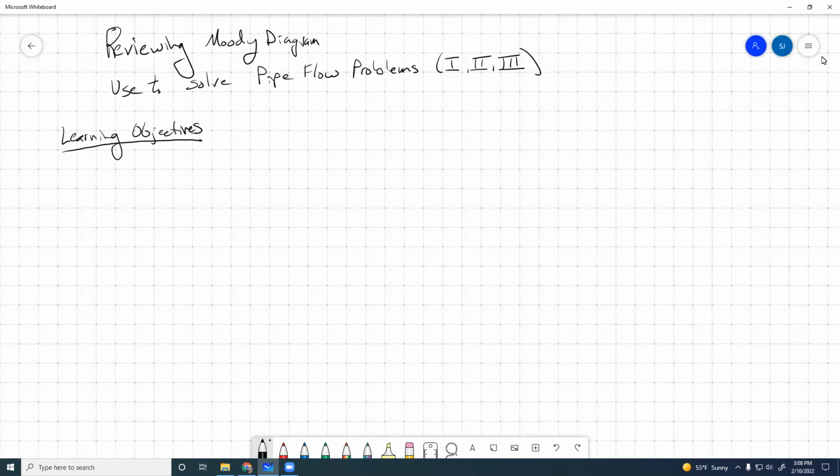We're going to calculate friction loss, energy loss due to friction in a pipe, using the Darcy-Weisbach equation, which we introduced last time.